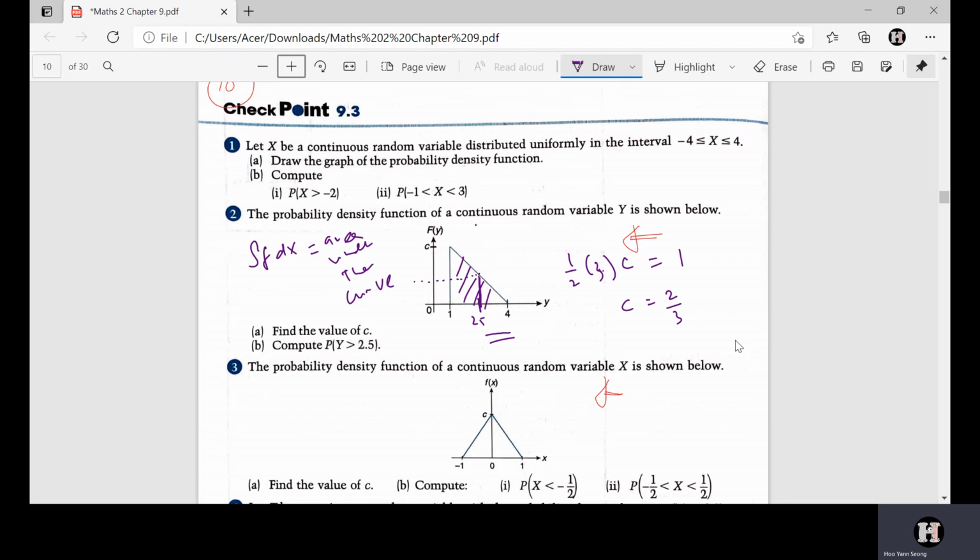Using the ratio, 2/3 is the ratio of the height, which is the same as 1.5. Okay, sorry, I think I messed up.